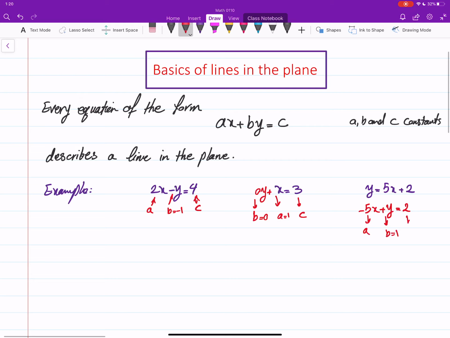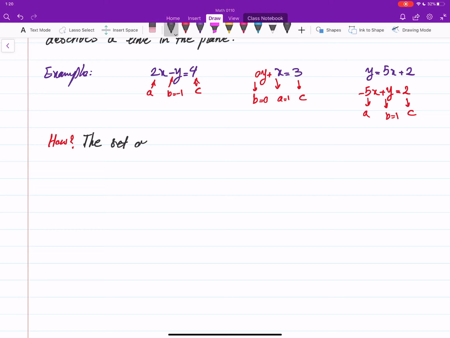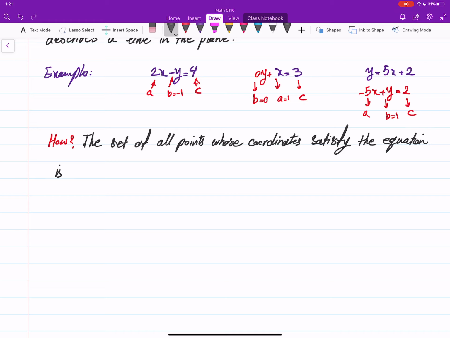The key point is that the set of all points whose coordinates satisfy the equation form the line. So all those points form the line.